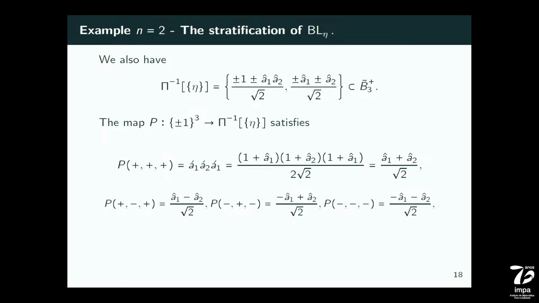And here I denote like that, if I put some signs here, what I should do with the elements. So if I put plus, plus, plus, it means acute, acute, acute. So acute A1 is 1 plus A1 hat divided by square root of 2. And A2 is 1 plus A2 hat divided by square root of 2. And we do this computation, we arrive here.